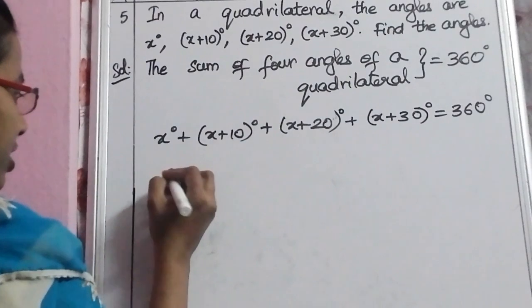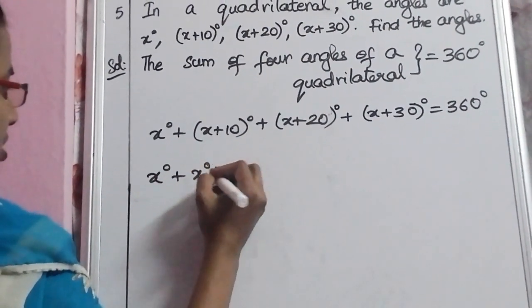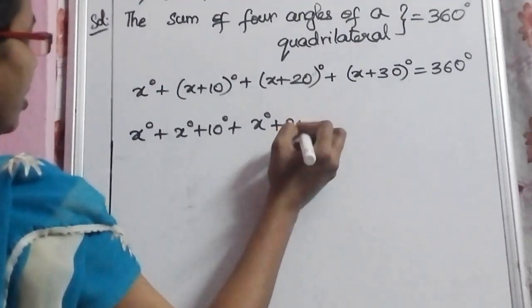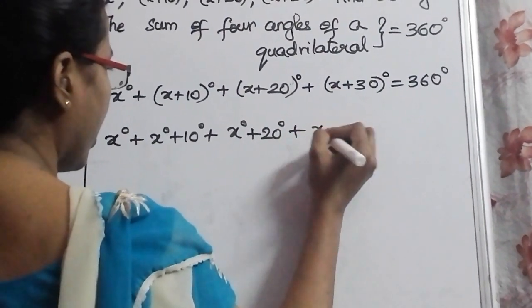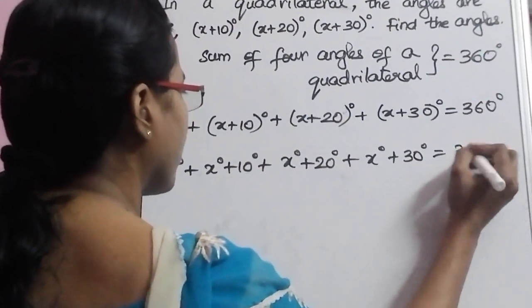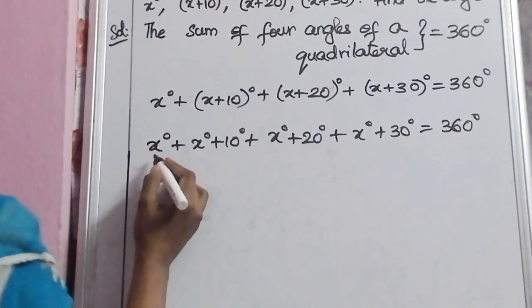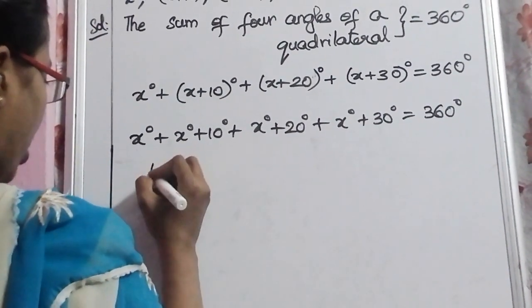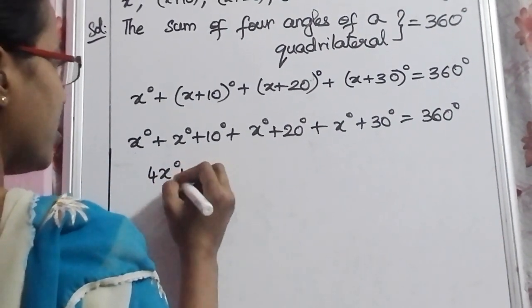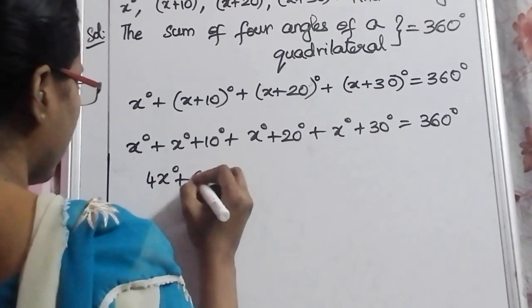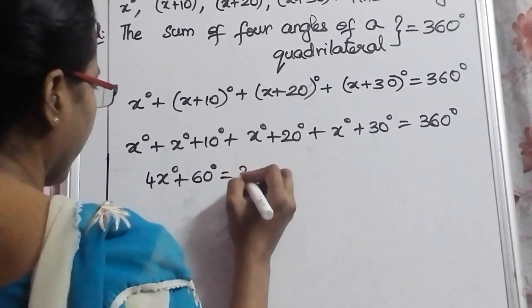So now let us write x degrees plus 10 degrees. We are separating the degrees. Individually we are writing the degrees for each term. Now let's say x plus x 2x, 2x plus x 3x, 3x plus x 4x. So this is 4x degrees plus 10 plus 20 is 30, 30 plus 30 is 60.